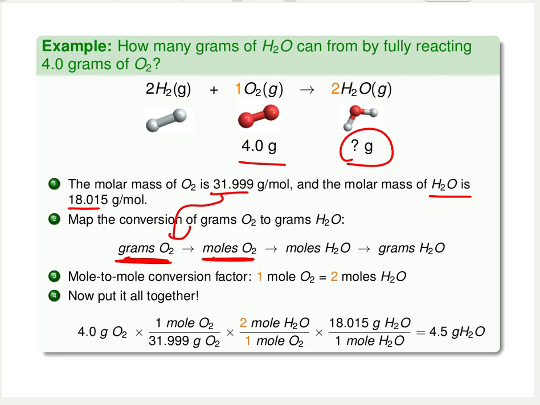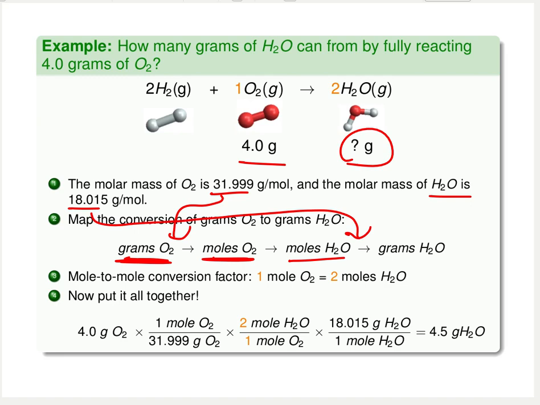Then use a mole-to-mole conversion factor to go from moles of our reactant to moles of product. And then finally, once you have moles of product, we will use yet another molar mass conversion in order to get grams of our product.